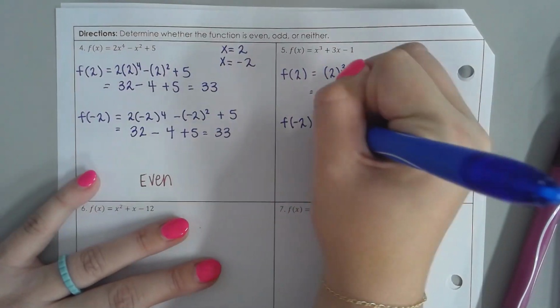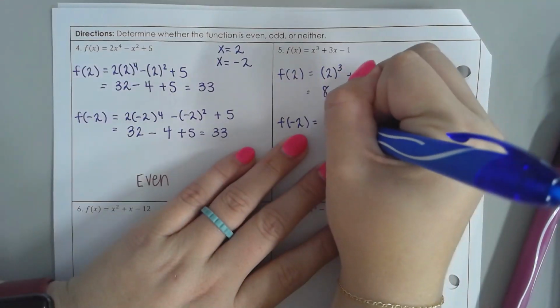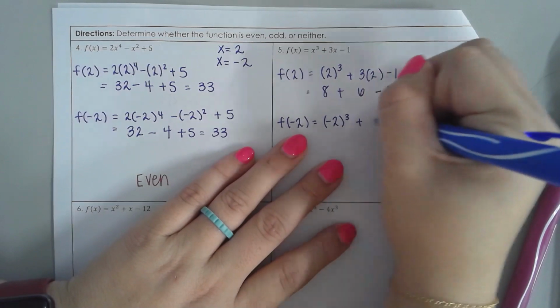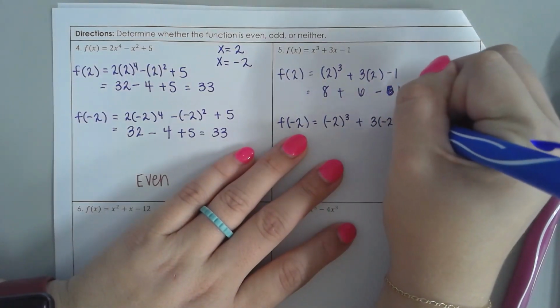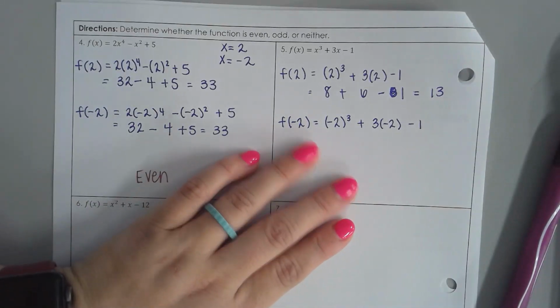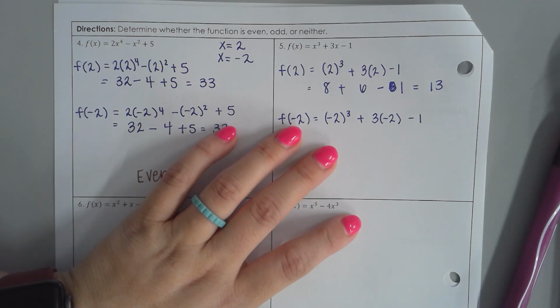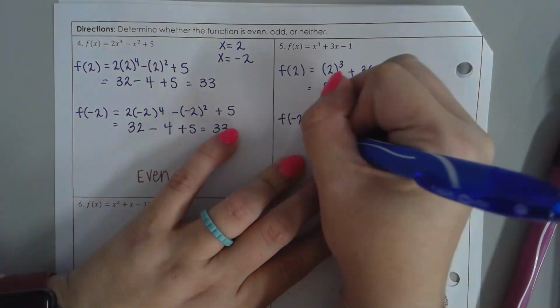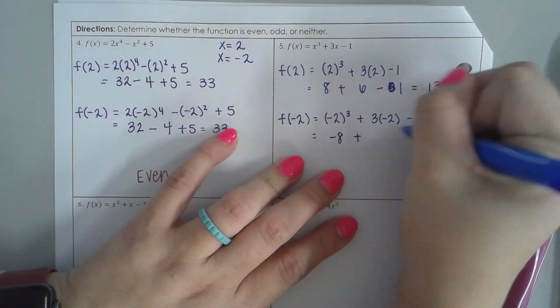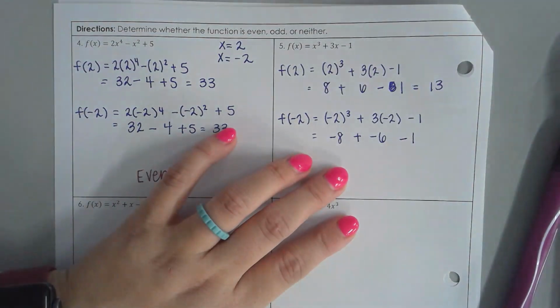F of negative 2. Negative 2 cubed plus 3 times negative 2 minus 1. What is negative 2 cubed? Negative 8, plus negative 6, minus 1.